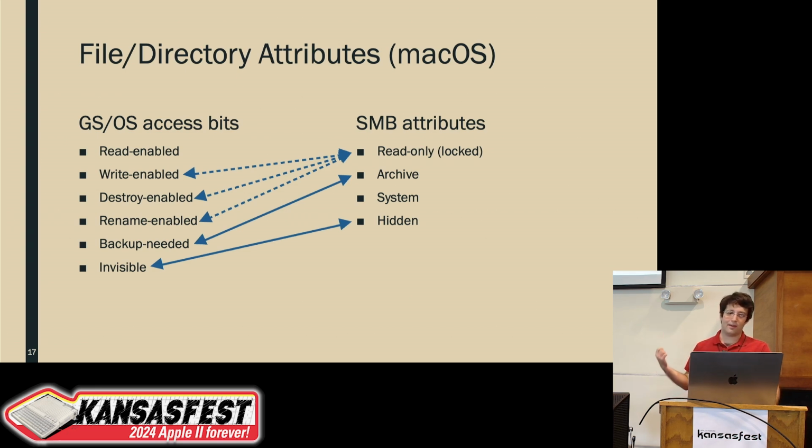That essentially means it can't be written to, it can't be deleted, and it can't be renamed. And that applies to both files and directories on macOS. So we just have to check if the server is macOS. There's a way we can check that in most cases, at least, and then map these attributes differently accordingly.